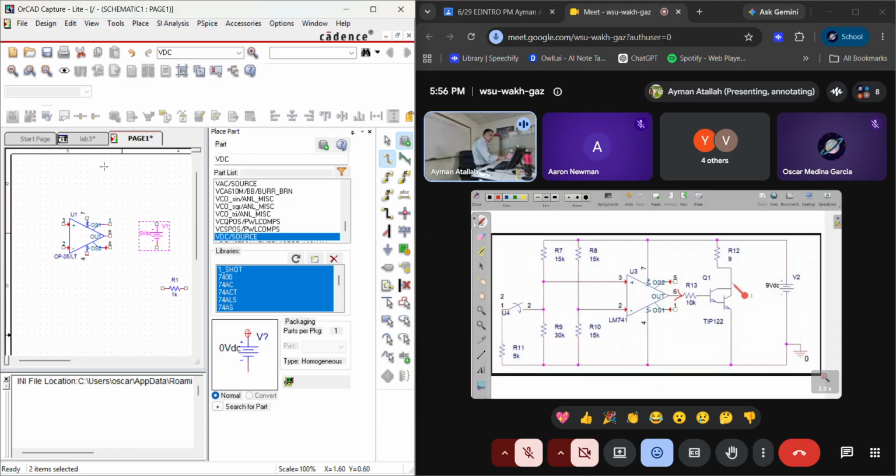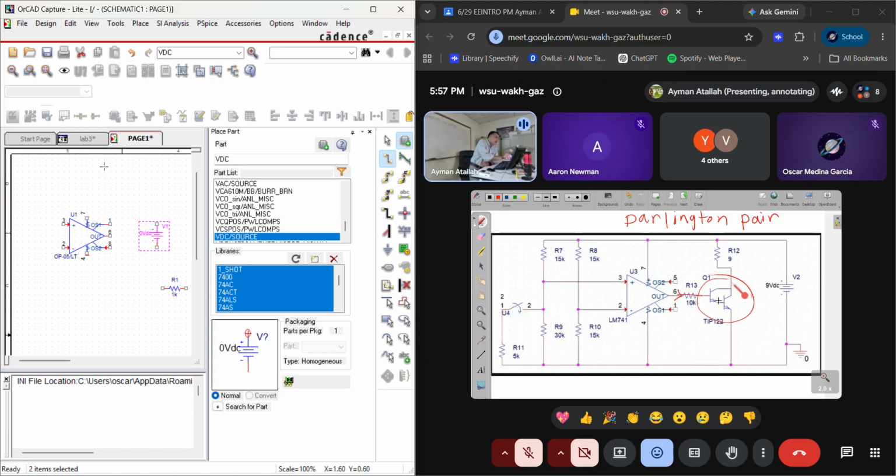This output here has some current, and it doesn't need this transistor here. It is a special kind of transistor. We studied this before. It's called a Darlington pair. It's two transistors together, usually power transistors.